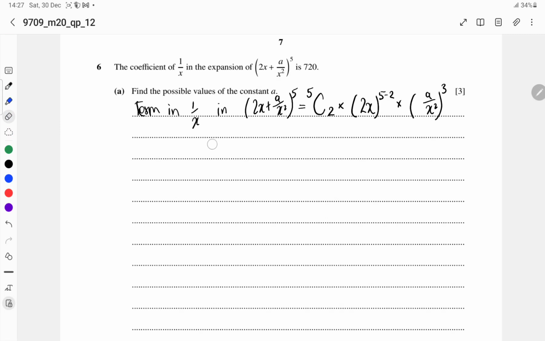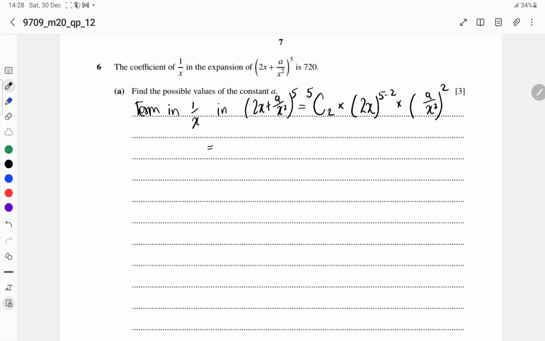I think I did the wrong thing. It was originally correct, I'm sorry, I was just confused. 5 minus 2, and then it's going to be 2 over here, right?